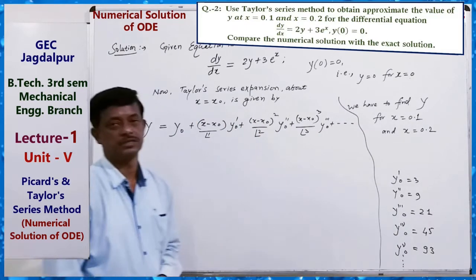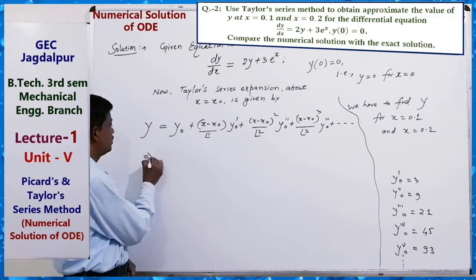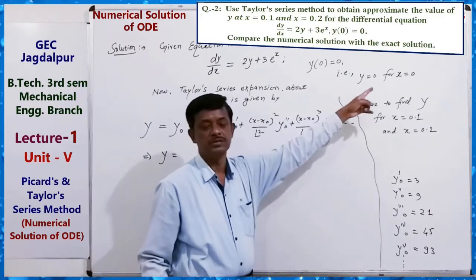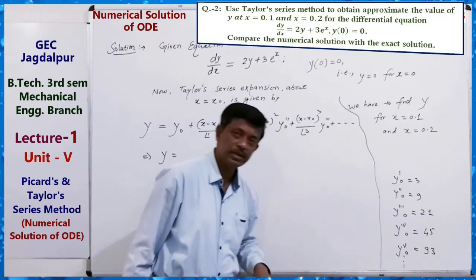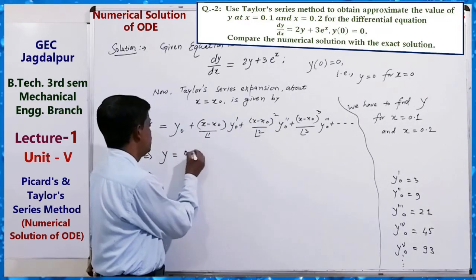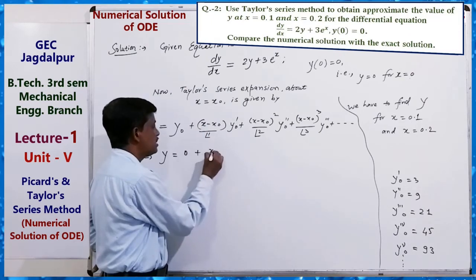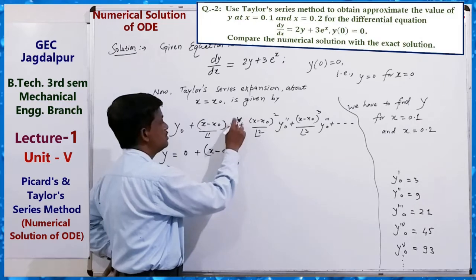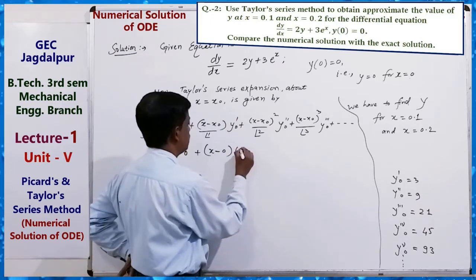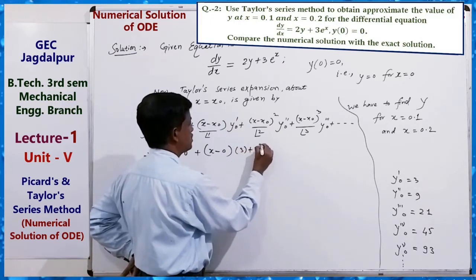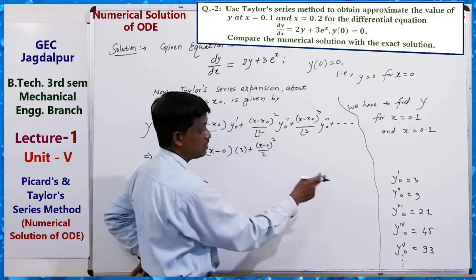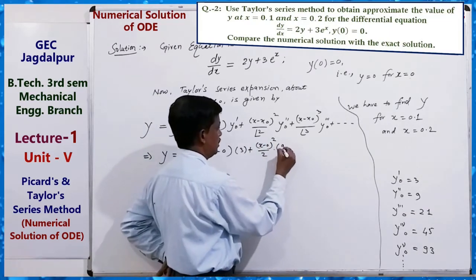Just put the values here. y0 equals 0, and x0 is also 0. Plus x times y dash 0, which is 3. Plus x square by 2 factorial times y double dash 0, which is 9.